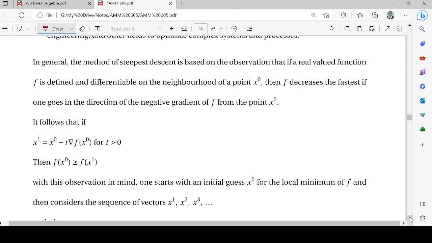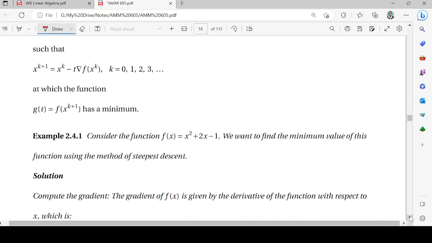So with this observation in mind, one starts with an initial guess, x naught, for the local minimum, and then considers a sequence of vectors x1, x2, x3, such that x(k+1) is equal to xk minus t times the gradient of f evaluated at xk, for k taking integer values 0, 1, 2, 3, 4 and so on.